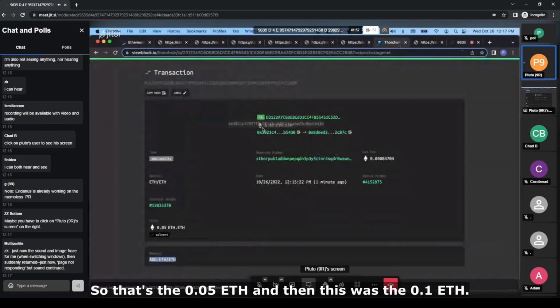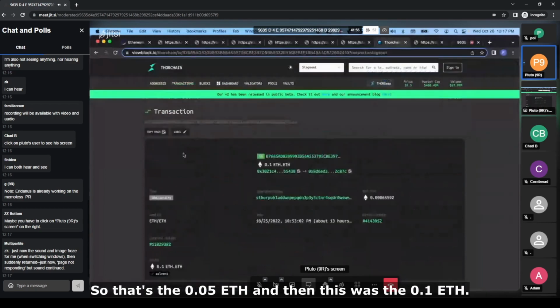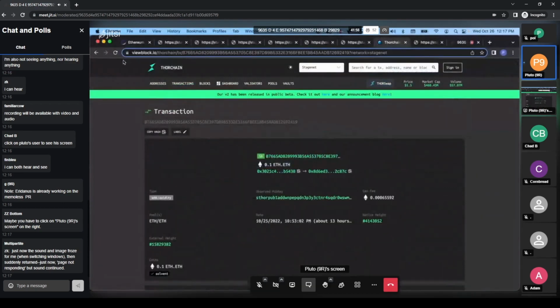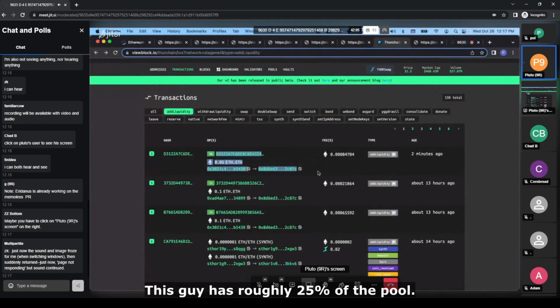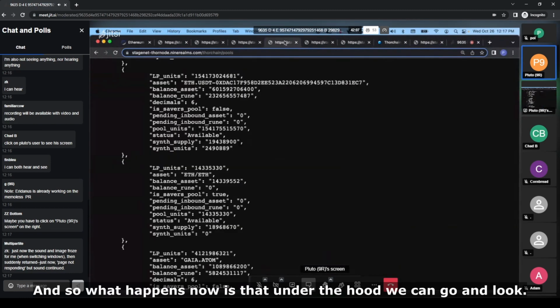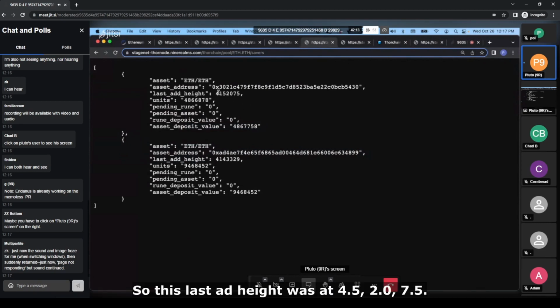So that's the 0.05 ETH. And then this was the 0.1 ETH. So again, this guy has roughly 75% of the pool, and this guy has roughly 25% of the pool. What happens now is that under the hood, we can go and look. Okay, so this last add height was at 415,205,75.